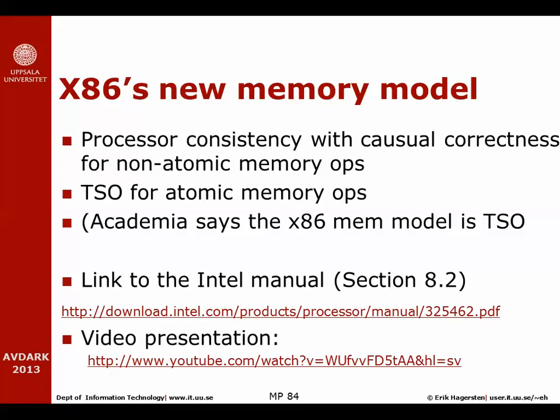I put a link down to Intel's manual for those of you who are interested, and also just for laughs I put that video clip at the bottom from YouTube where you can watch one of the engineers of Intel, a very, very smart guy who's been working for years together with very well-known people at Intel to define what memory model they actually are implementing. You can see when he visits Google, and that's another place where there are lots of brilliant people.